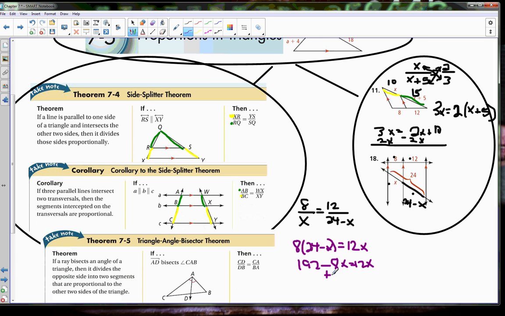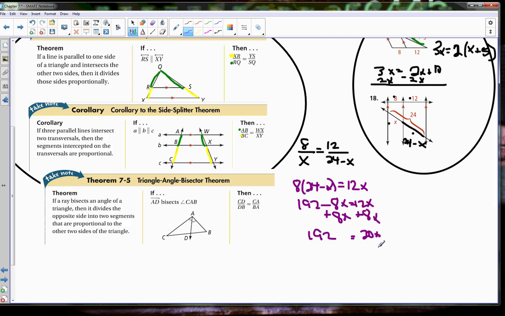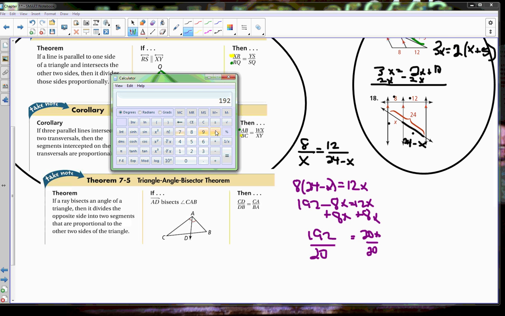And I'm going to add 8 x's to both sides. And I get 20x equals 192. And I divide by 20. 192 divided by 20 is 9.6.